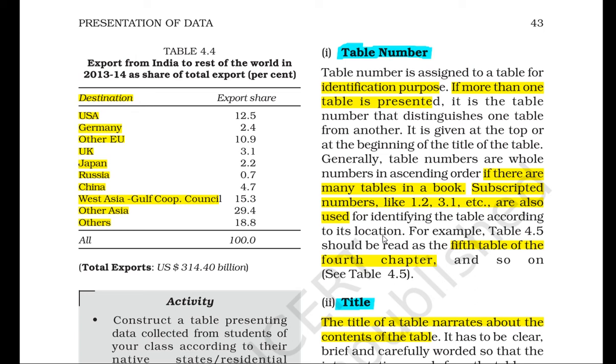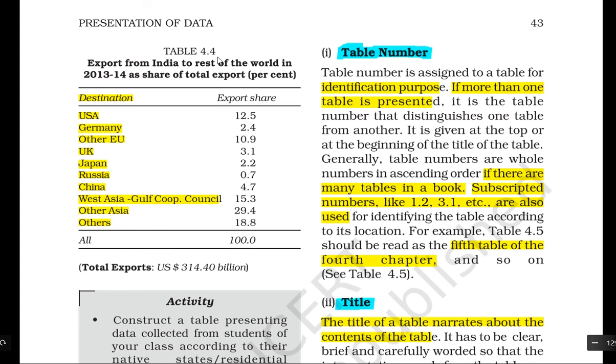What are the parts of a table? In every table you can see here, it starts with the table number. If there is more than one table, then you have to assign a table number. For example, here on the side you can see table number 4.4.